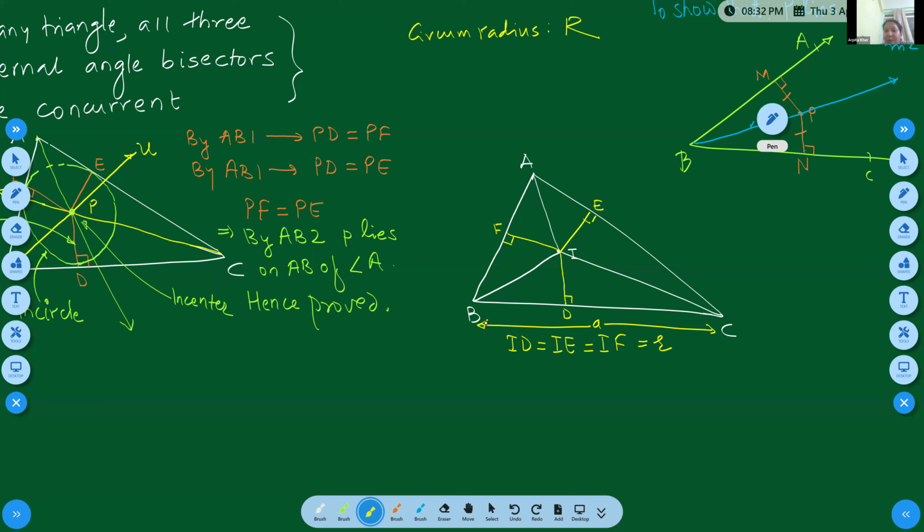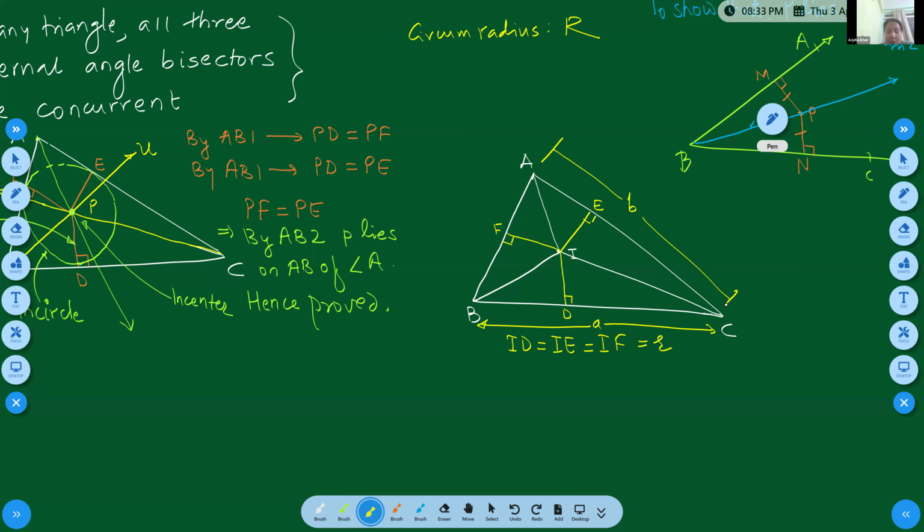Can you please explain this part again, sir? ID is equal to IE is equal to IF, these are the distances, that is the inradius, which we denote by small r.